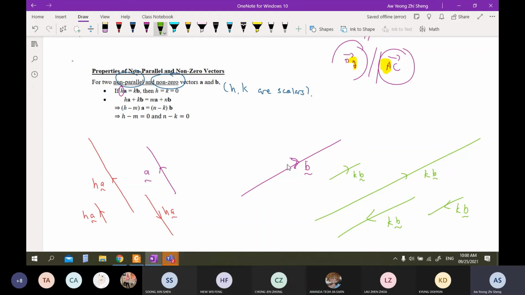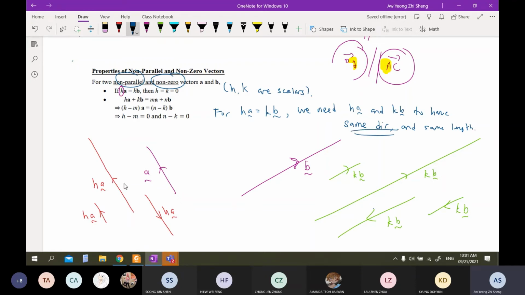Then now, for HA to be equal to KB, we need HA and KB to have the same direction and the same length. While it is not so hard to make them have the same length, just by modifying your values of H and K, to make them have the same direction is almost impossible.